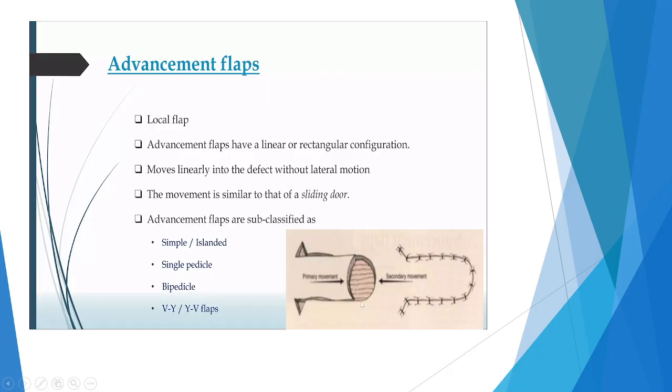It is sub-classified as simple, single pedicle, bipedicle, and the VY flap. So this one is simply a sliding door in a rectangular configuration. VY flap means we can understand that this is an advancement flap.